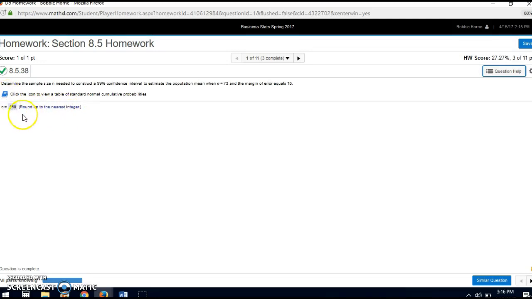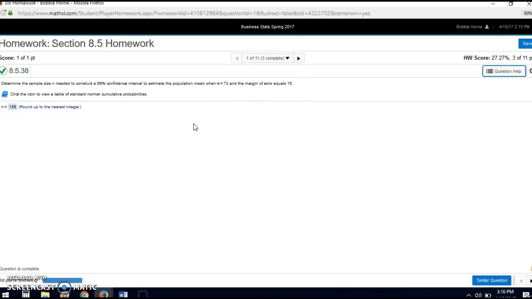So what is this giving me? My answer is giving me the sample size I need to be 99% confident that the mean is around a particular number with a margin of error equal to 15.